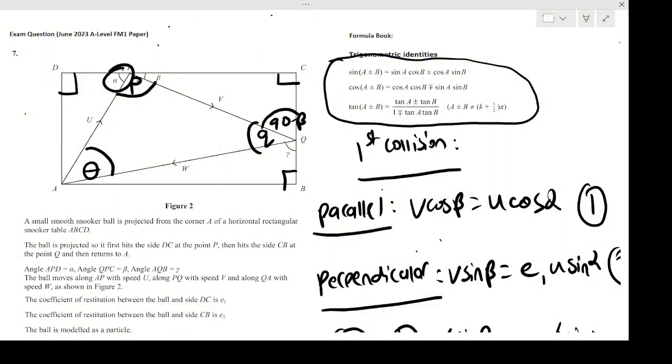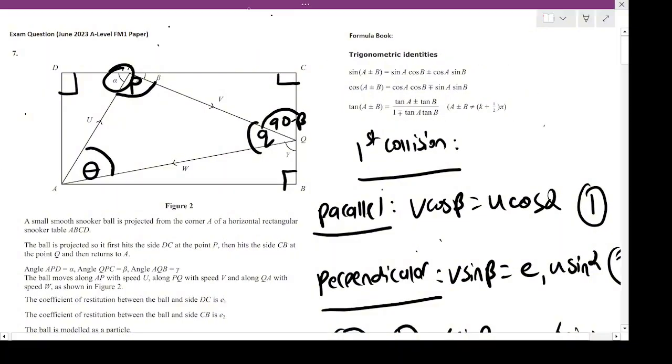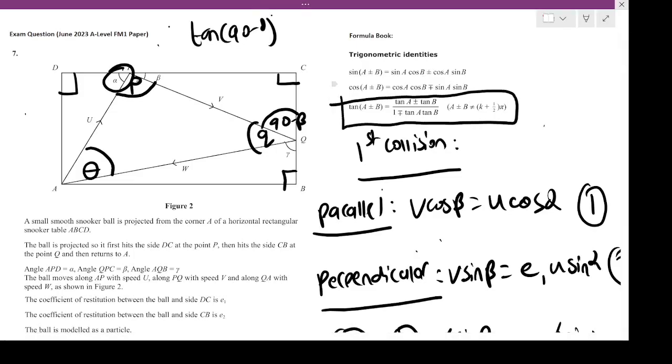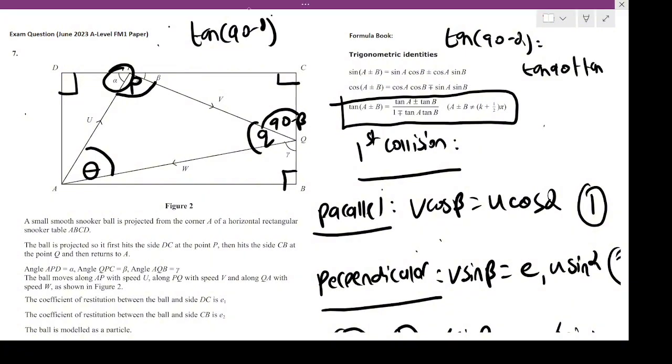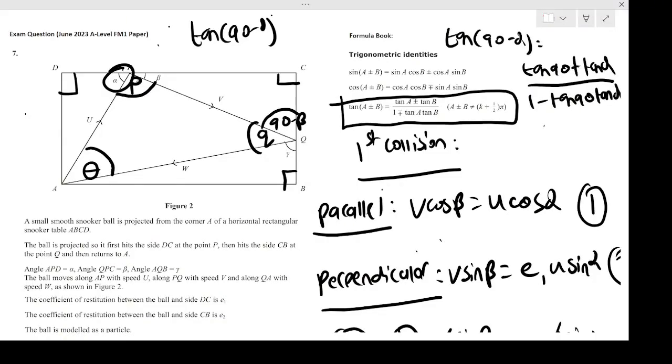So we've got these here. Now you might be tempted, since we want to find tan of 90 minus alpha, to directly use the tan addition formula. If you were to do that, what you would get is tan 90 plus tan alpha over 1 minus tan 90 tan alpha.